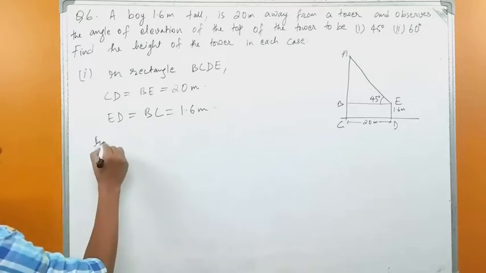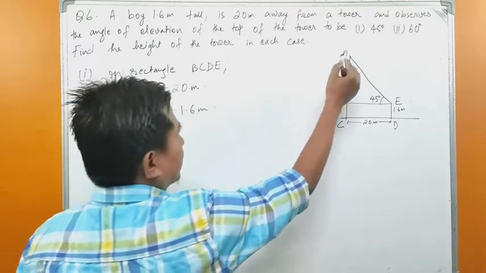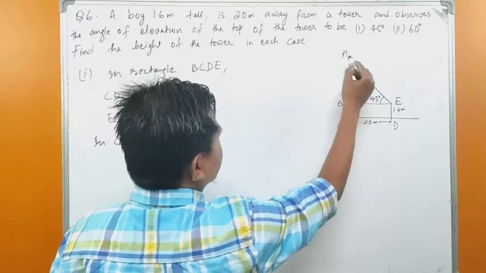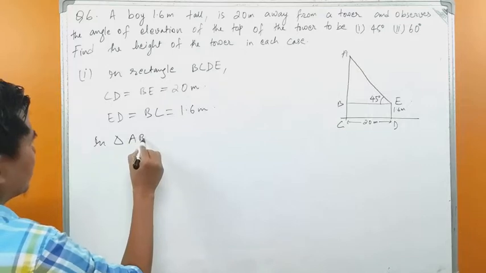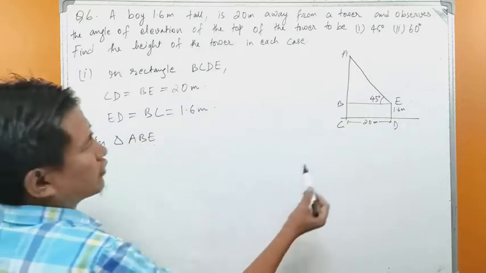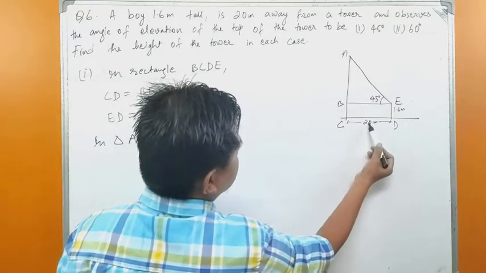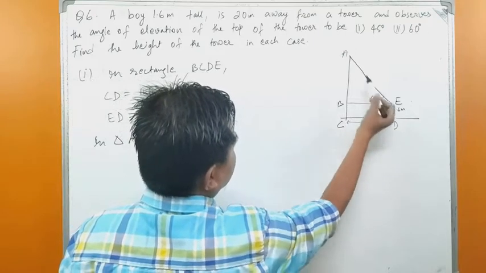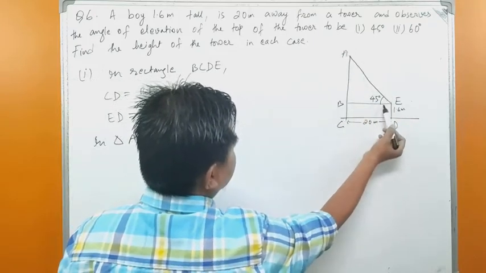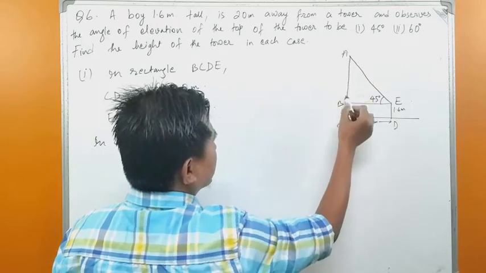Now in triangle ABE, we know that BE is 20 meter, and we know the angle AEB is 45 degree. Now let us find AB.